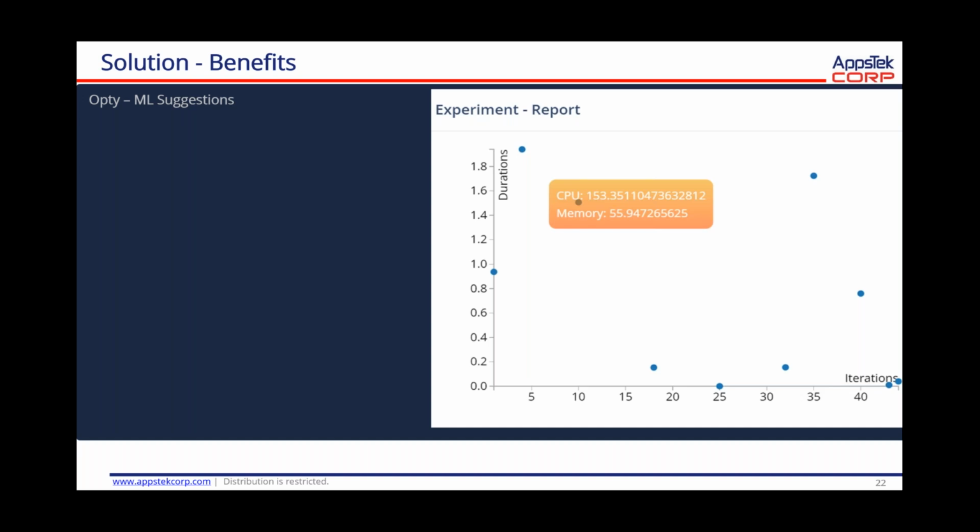It also gives you one solution, like, okay, this is what I think, as an AI, are the best optimal values you need to allocate for CPU and memory. This is just one example we're talking about. Our platform and our AI deal with all other parameters, and can suggest optimal values for other parameters also. This is just one example.